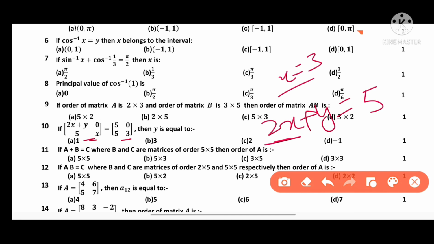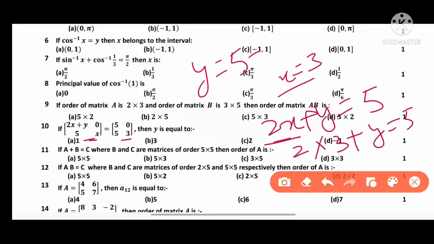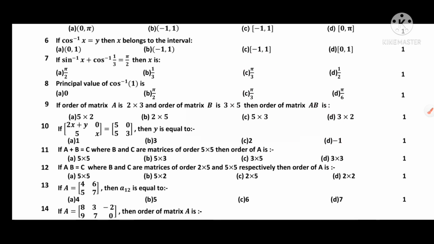Now put the value of x, 2 multiplied by 3 plus y is equal to 5, that is y is equal to 5 minus 6, that is -1. So D option is the right option.